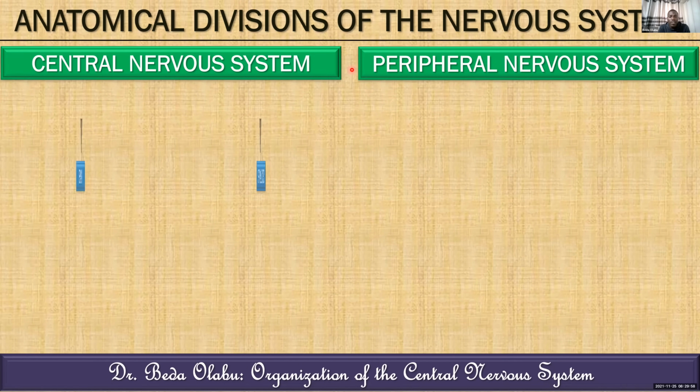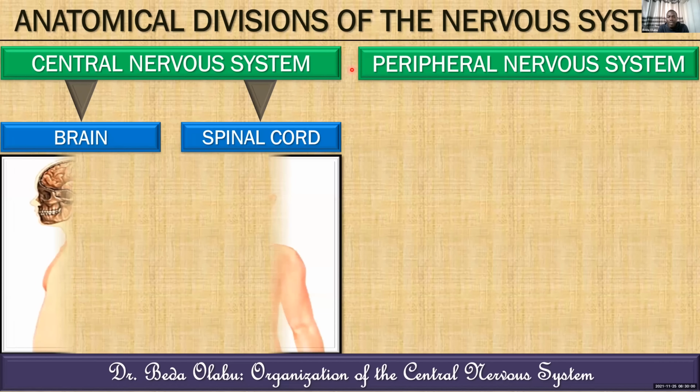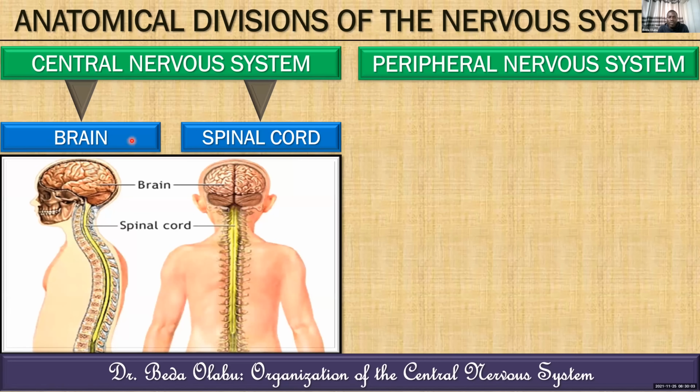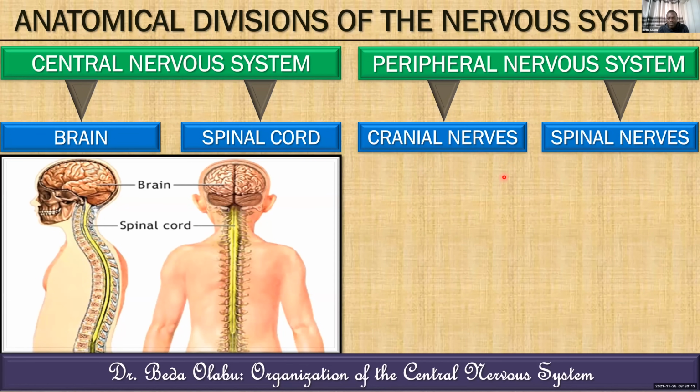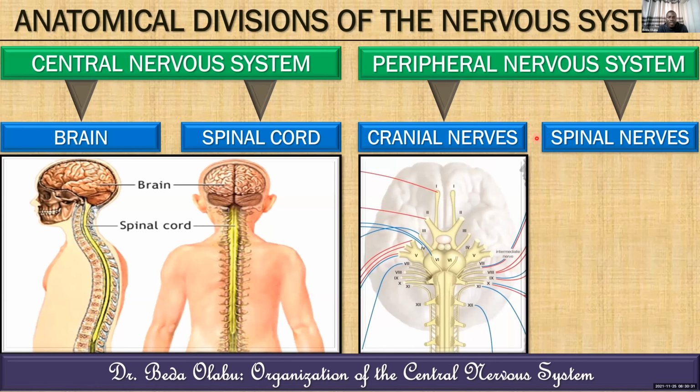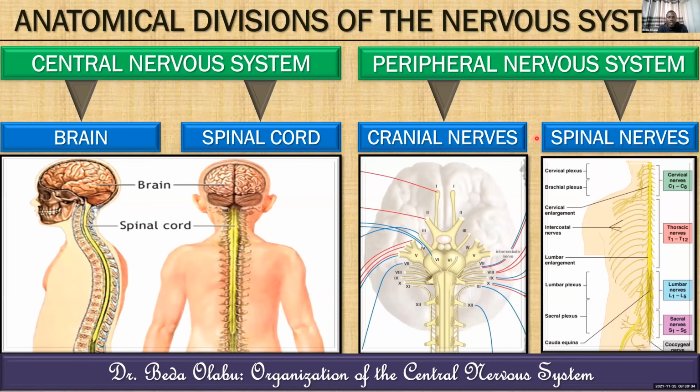When you talk of the central nervous system, you are referring to the brain as well as the spinal cord. The brain is in the cranial cavity, the spinal cord is in the vertebral canal. And when you talk about the peripheral nervous system, you are referring to the nerves. Nerves refer to neuronal processes outside the brain and the spinal cord. Depending on where these neuronal processes come from, we may then call them cranial nerves or spinal nerves.